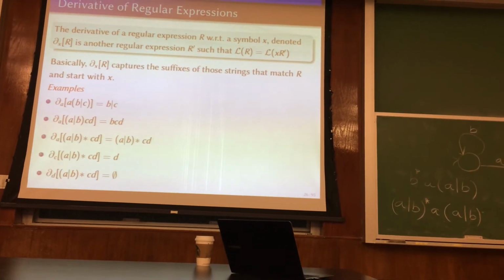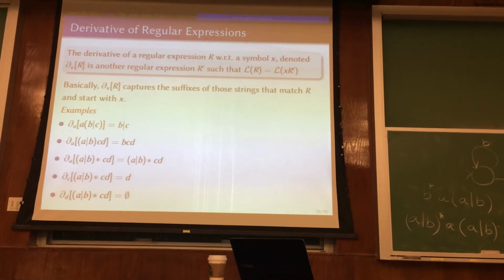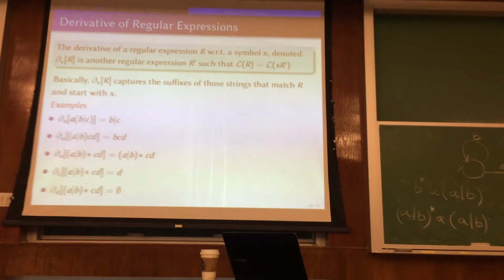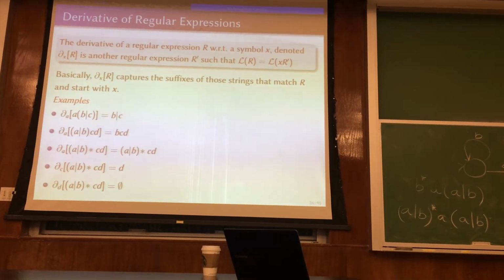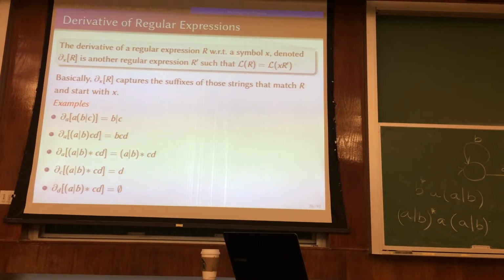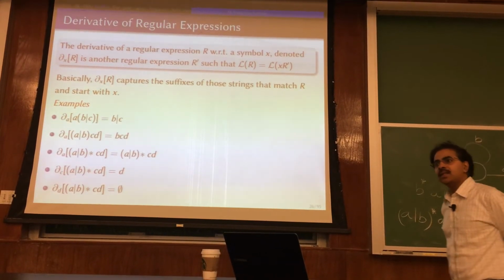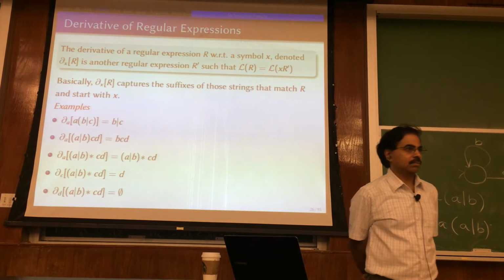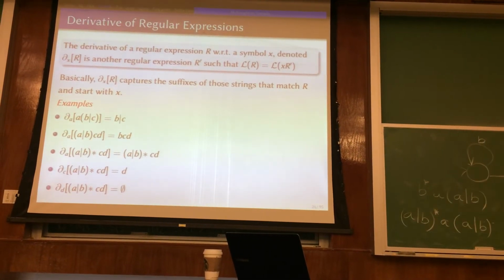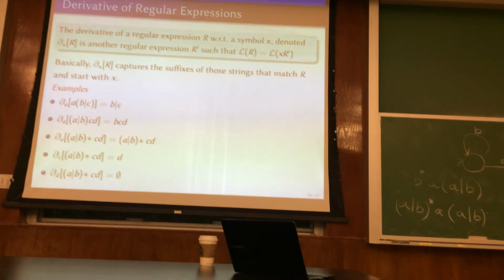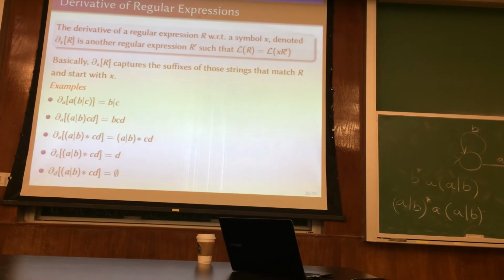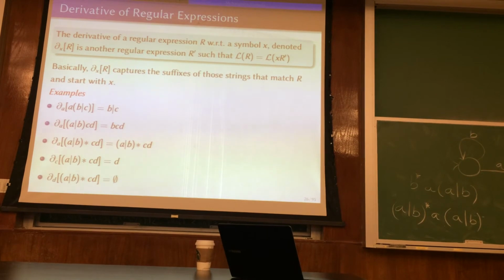Here what we are saying is that the derivative is simply a way of saying, I am trying to match a regular expression, let's say R, and what I see is a symbol X. So now, what else do I need to see in order to complete the match for this regular expression? That's what the derivative is trying to answer.